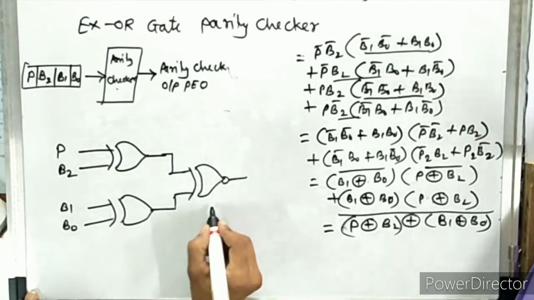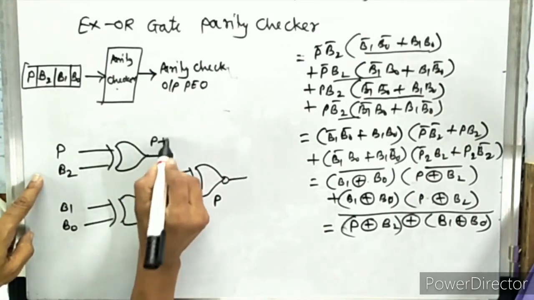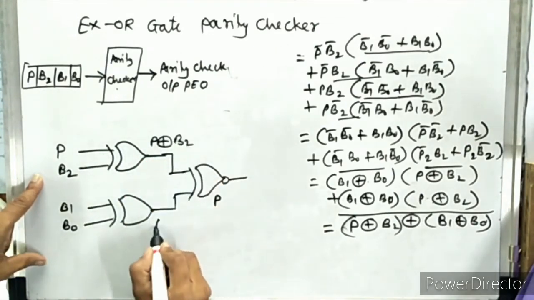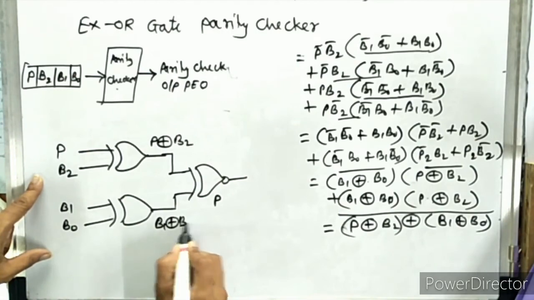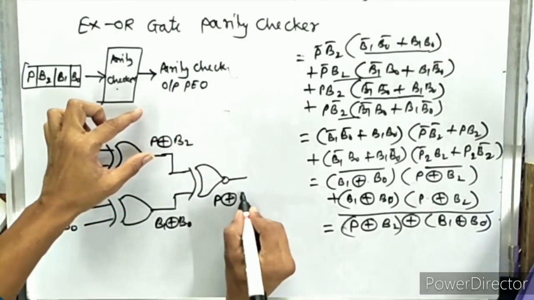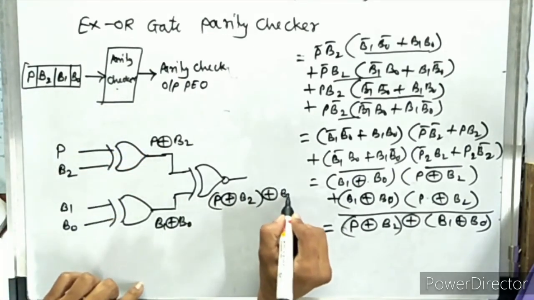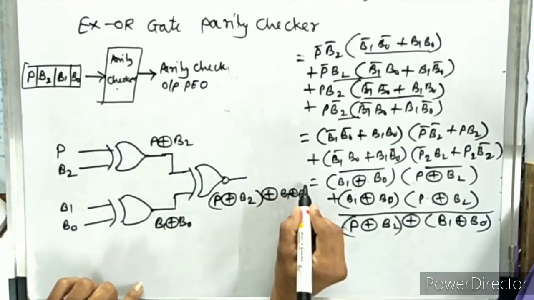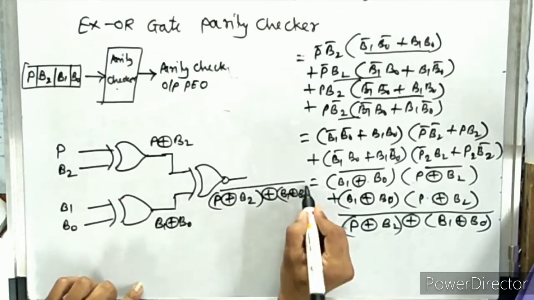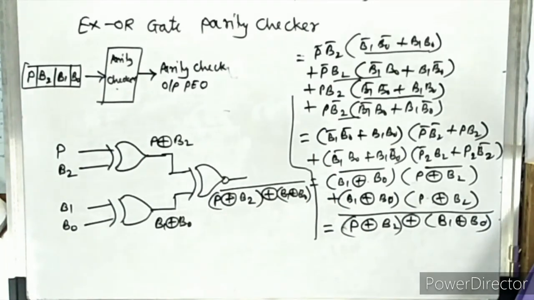So we get at the output P XORed with B2, and here we get B1 XORed with B0, and this is the XNOR operation. So here P XORed with B2 is XNORed with B1 XORed with B0. So here we get the parity checker using XOR gates.